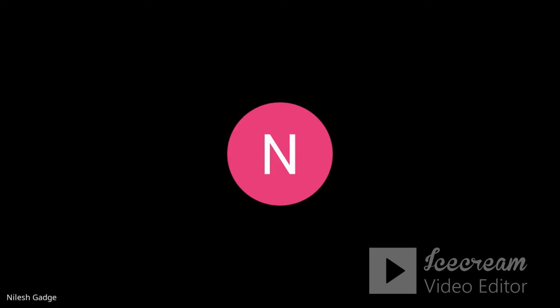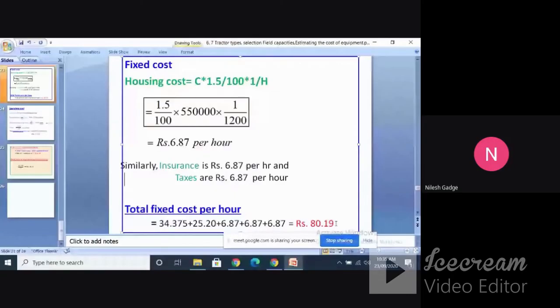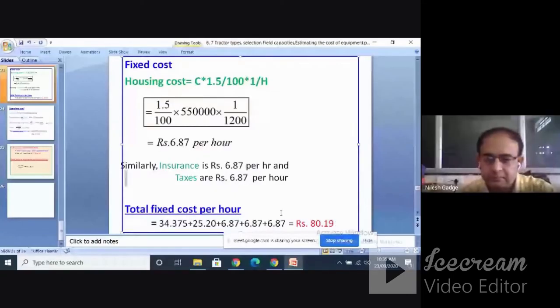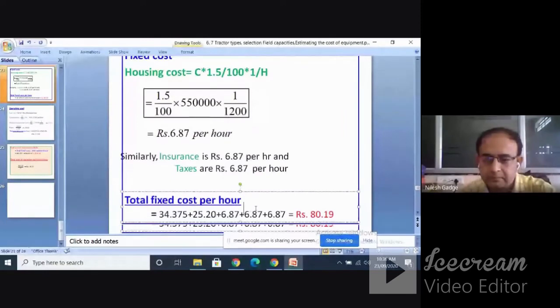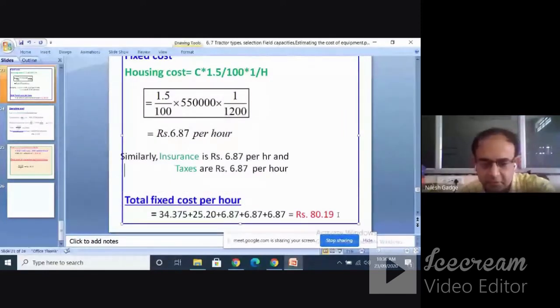And it will be in rupees per hour. You should know that, in rupees per hour.